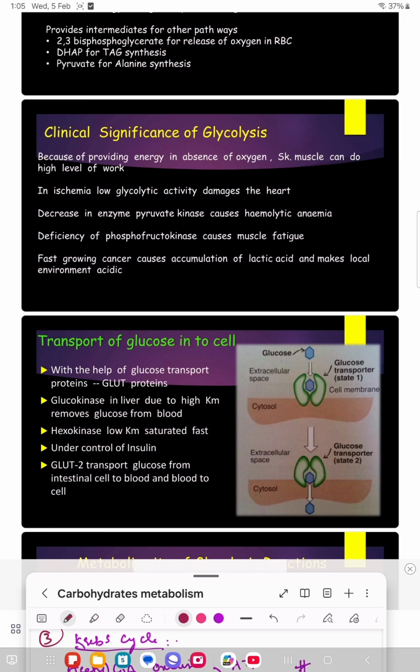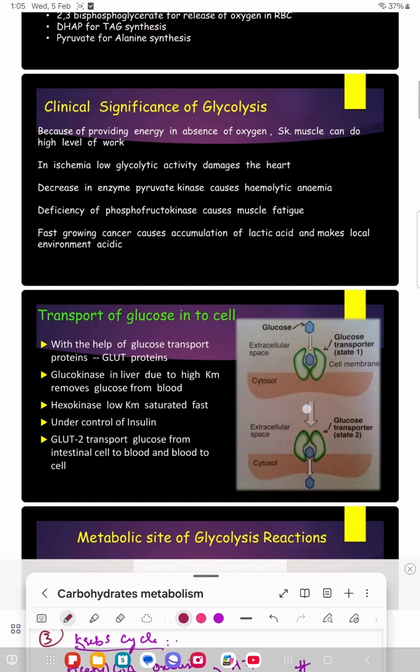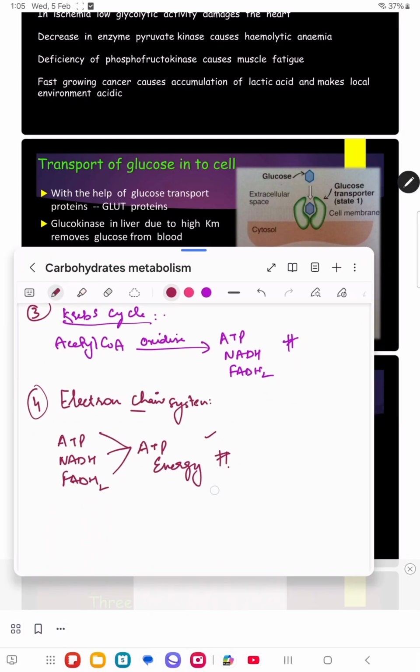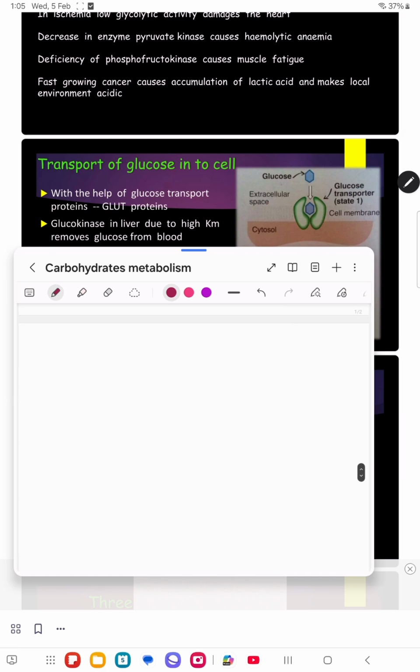Moving to the next slide, transport of glucose in the cell. First of all, I will explain the basic outline of carbohydrate metabolism. Here, I am labeling carbohydrate as CH. A carbohydrate-rich diet provides nutrients.